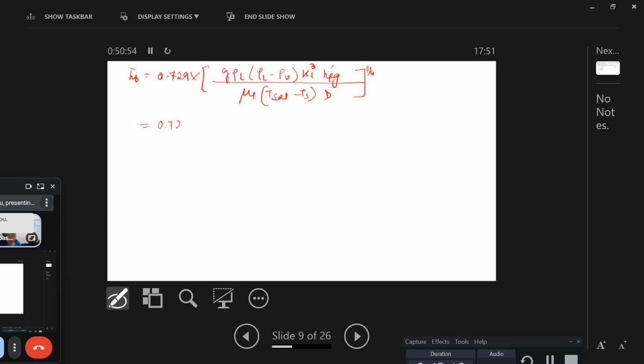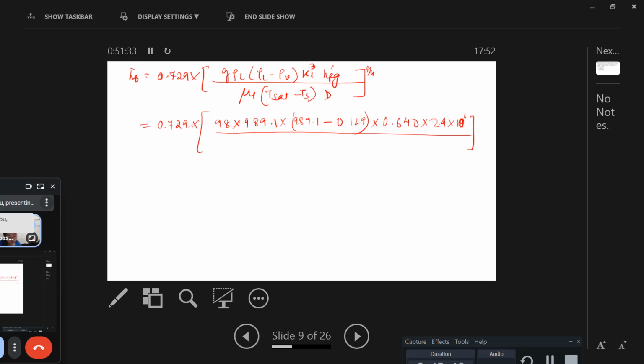So 0.729 into 9.8, rho_L is 989.1 into 989.1 minus 0.129, into k_L cubed. k_L is 0.640, into h_fg', which we have calculated as 2.4 into 10 power 6.